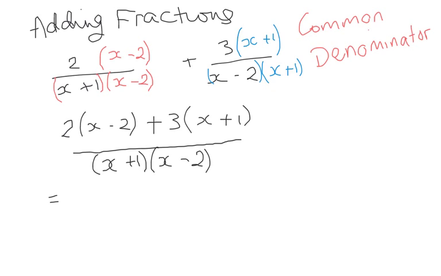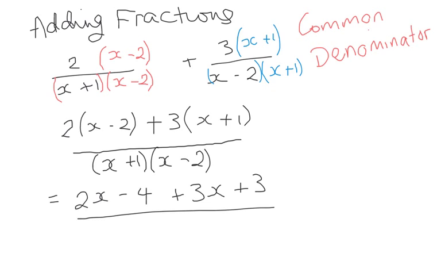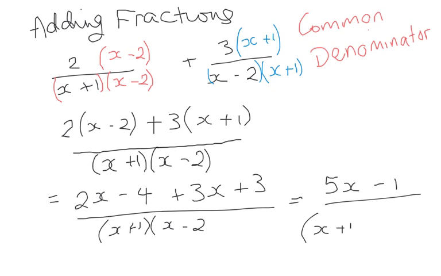Multiplying the numerator out, 2x subtract 4 plus 3x plus 3, all upon x plus 1, x subtract 2. Then we can tidy up and collect like terms on the numerator, 5x subtract 1 over x plus 1, x subtract 2.